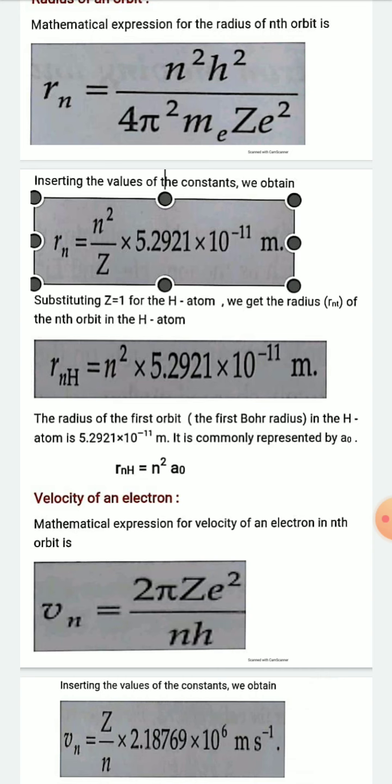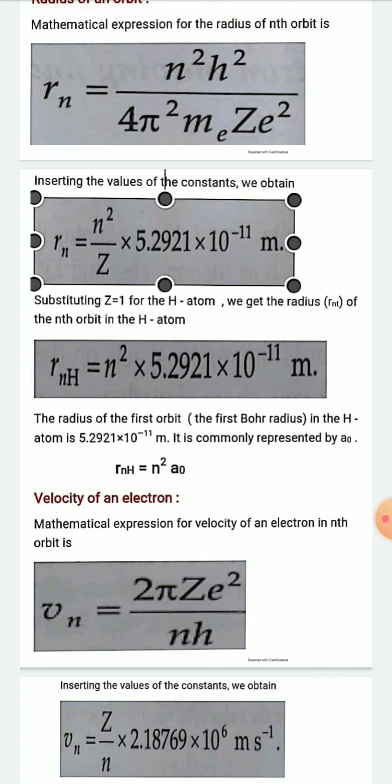And the first Bohr radius of hydrogen atom is equal to 5.2921 into 10 to the minus 11 meter, or you can also write the value as 0.529 angstrom.